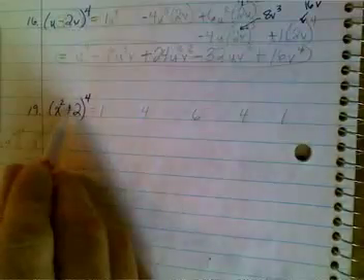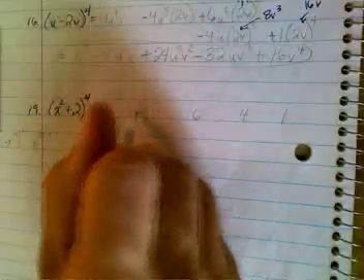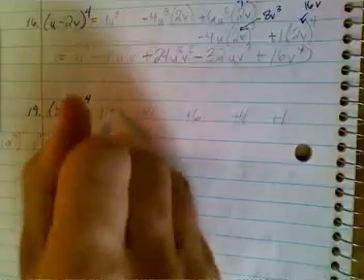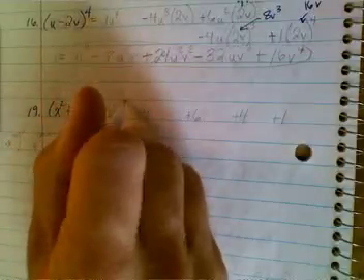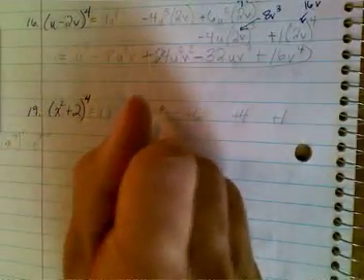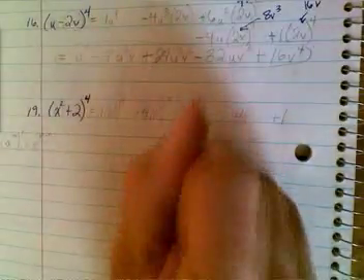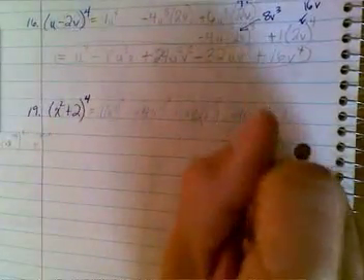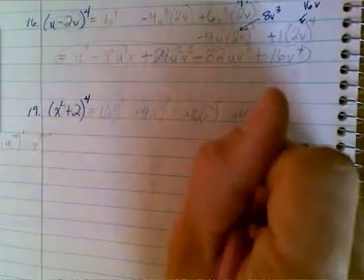So I know that it's a plus sign, so all plus signs. Okay, and x squared to the fourth. X squared to the third. X squared to the second. X squared to the first.